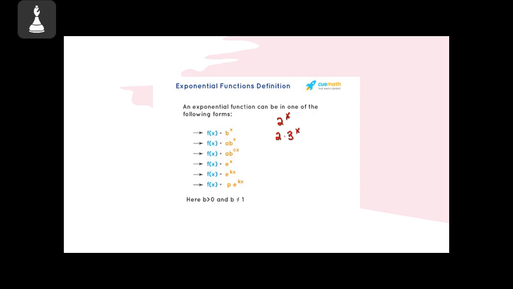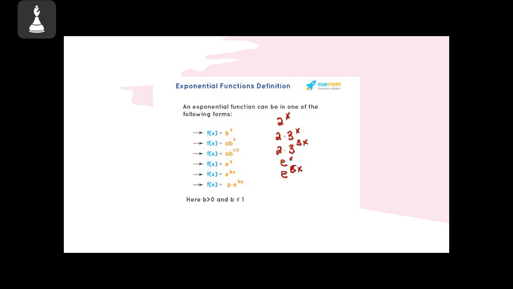The next one, like 2 times 3 to the 3x. So again, the base is the number, the exponent is the power, e to the x, because e is a number, e to the kx, so maybe that's e to the 5x.